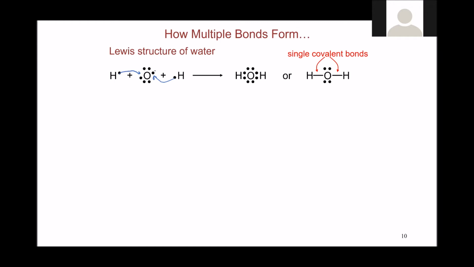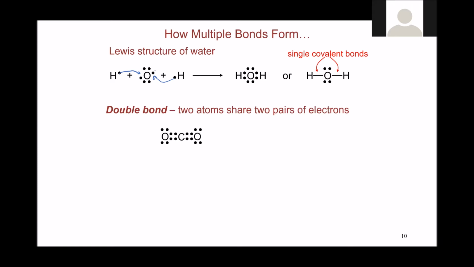In some cases, when you do the Lewis structure for a compound, one atom might need to form more than 1 single bond with the same second atom. So in that case, it will be multiple bonds, like double bonds, 2 bonds. That is the case for carbon dioxide. In all cases, it is however many bonds are needed for the atoms to fulfill the octet rule, to have a total of 8 electrons in the valence shell.